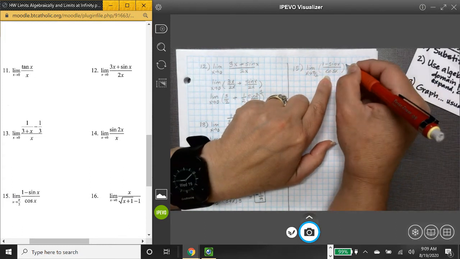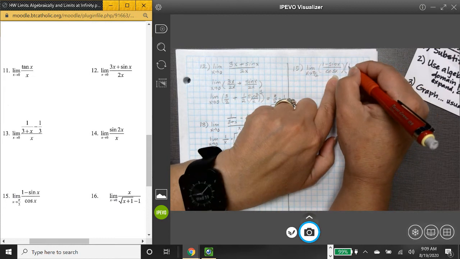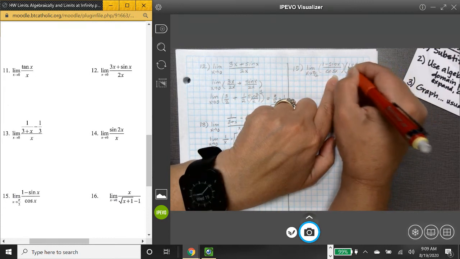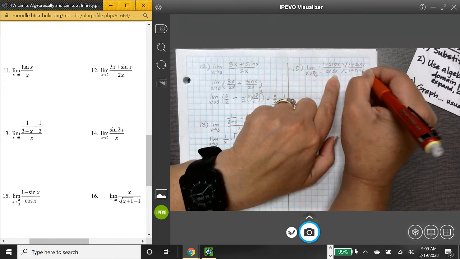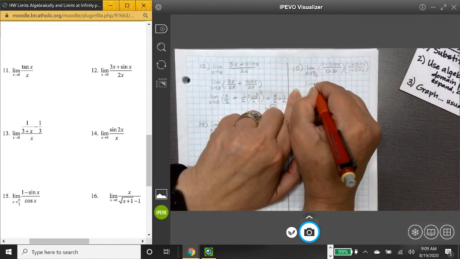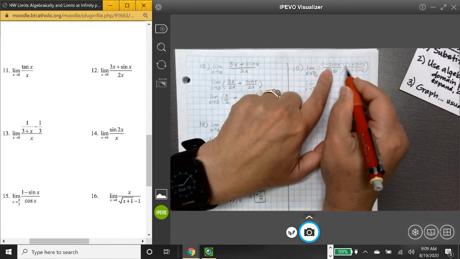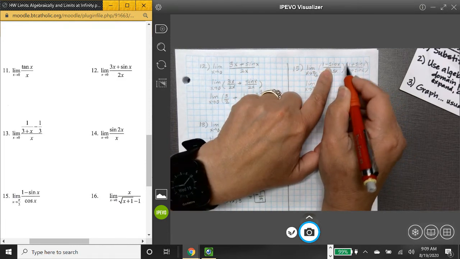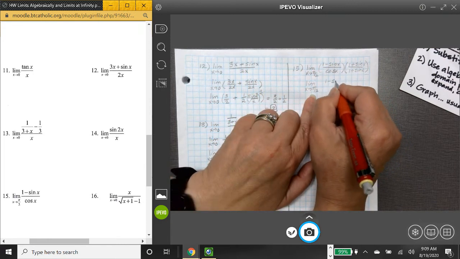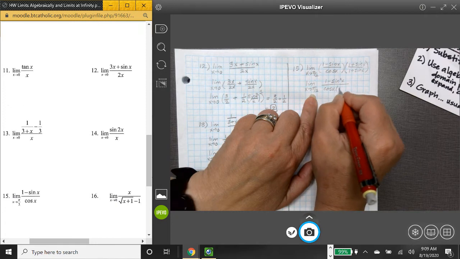Now the conjugate here, I'm going to multiply by a favorable factor of 1, and that factor of 1 is going to be 1 plus sine x over 1 plus sine x, because that's 1, but it's going to make it the difference of squares factors in the numerator. So this is the difference of squares factors. So that's going to end up being 1 minus sine squared x over cosine x times 1 plus sine x.